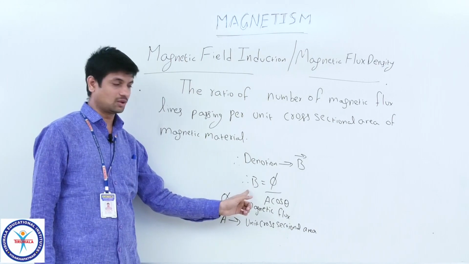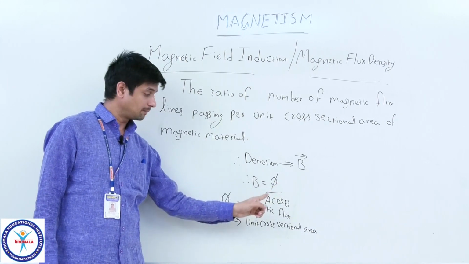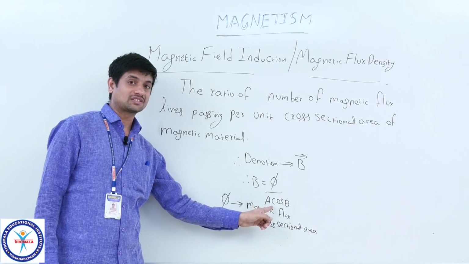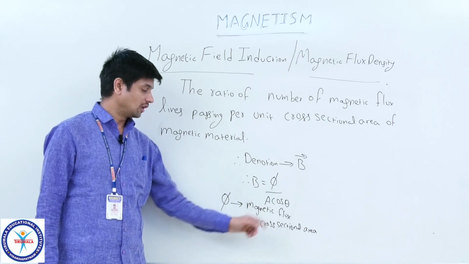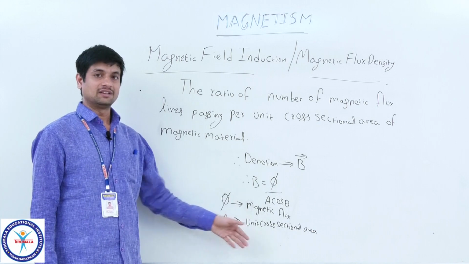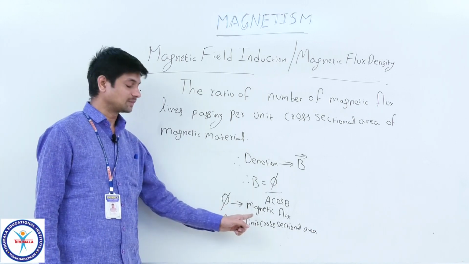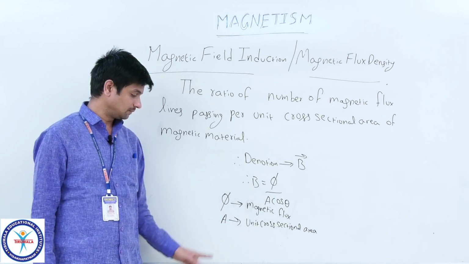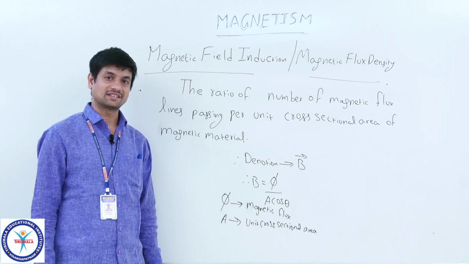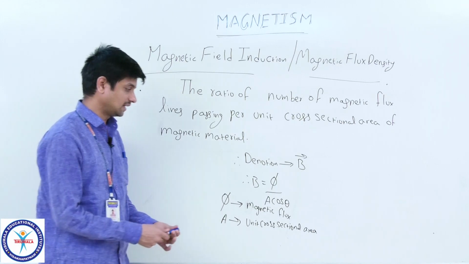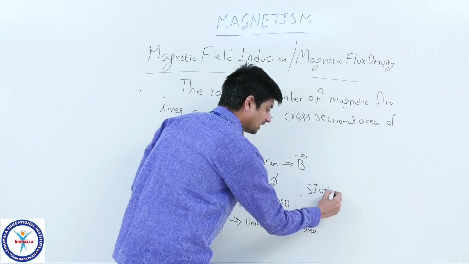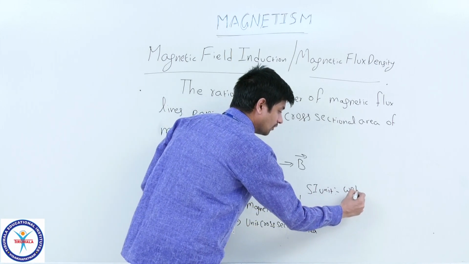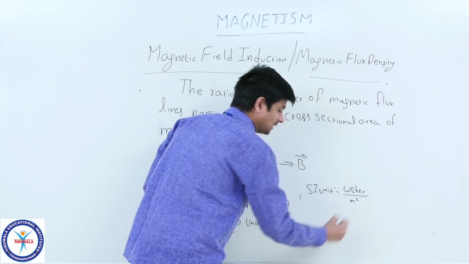That means B equal to magnetic flux by unit cross sectional area. Why I am using this trigonometric ratio will be explained later. Phi means magnetic flux, the unit is Weber, and the SI unit of A is meter square. So the SI unit of magnetic flux density is Weber per meter square.